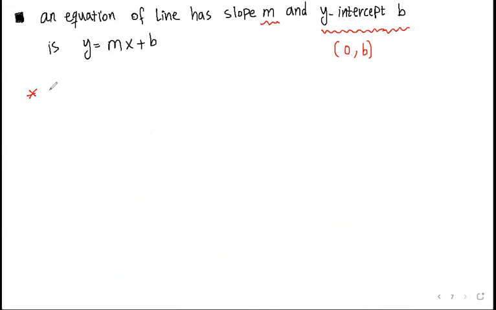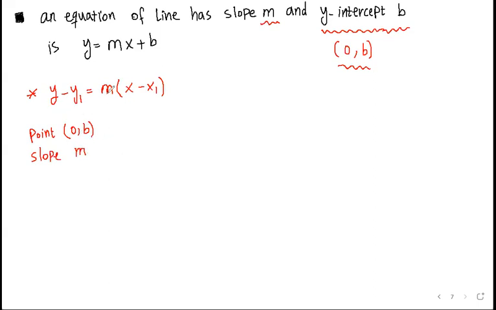My previous formula says y minus y1 equal m times x minus x1. I have slope m and the y-intercept is b. This means the point is 0 and b, and the slope is m.